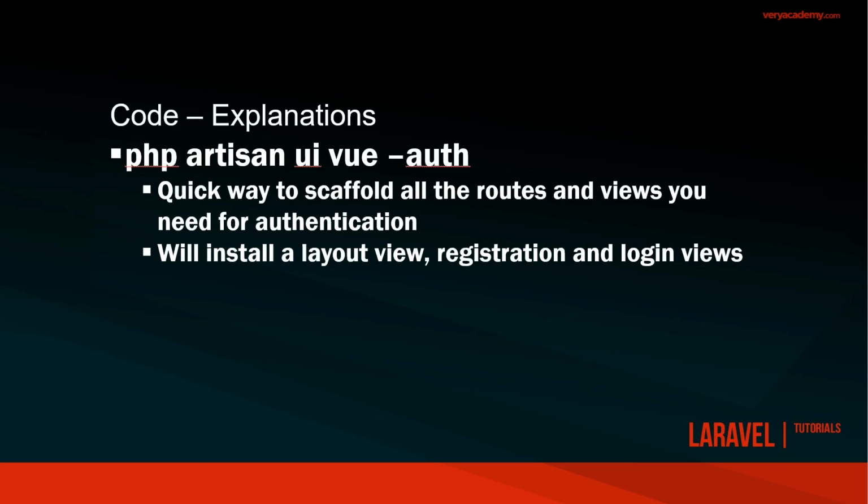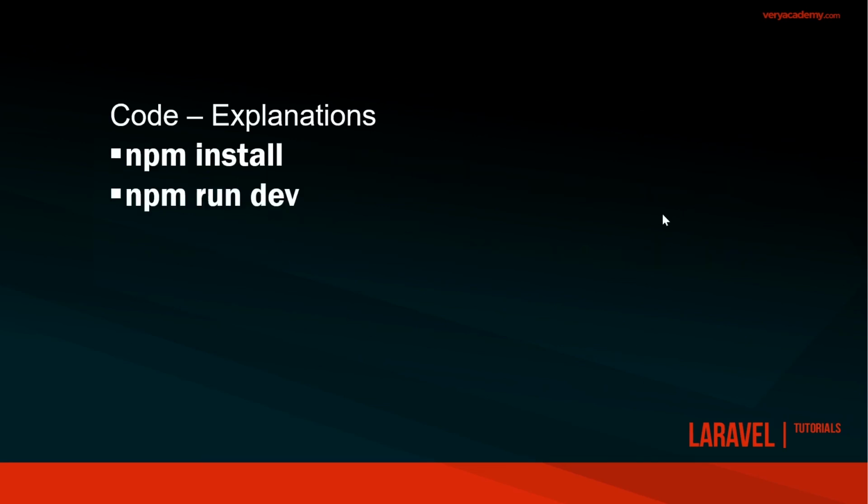Remember that when we set up the configuration, once we configured the tutorial, we had all the different links available to log in, register, go to the home, etc. So that all needed setting up. So a quick way of doing that was to run this command. So like I said, this will also install the layout view, the registration, and all the login views that we had. So then we run the npm commands.